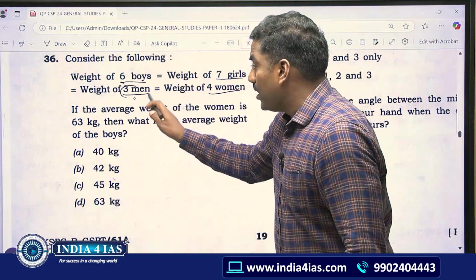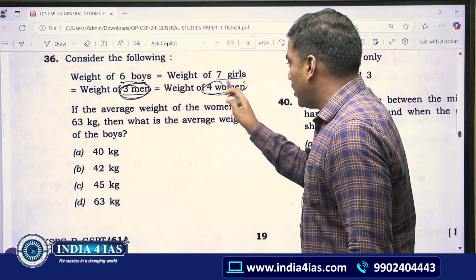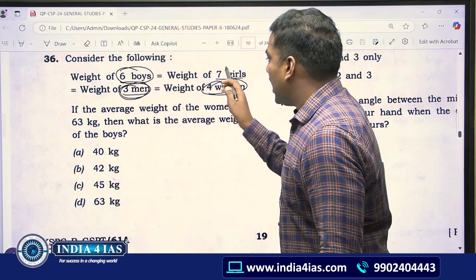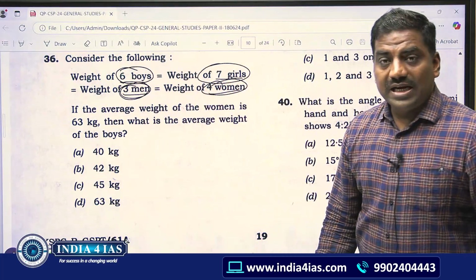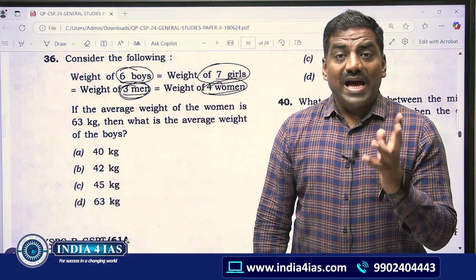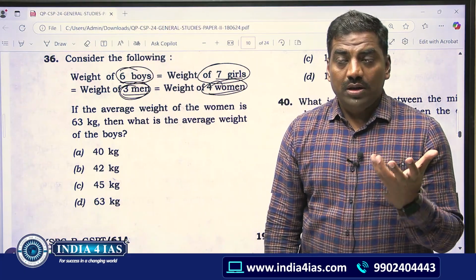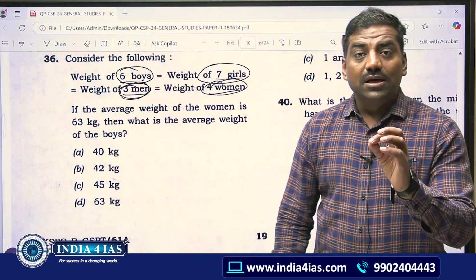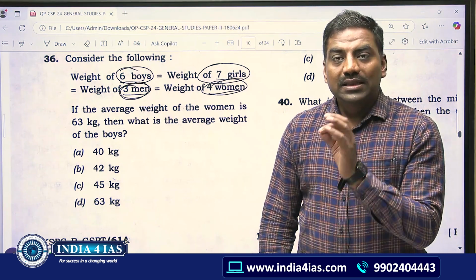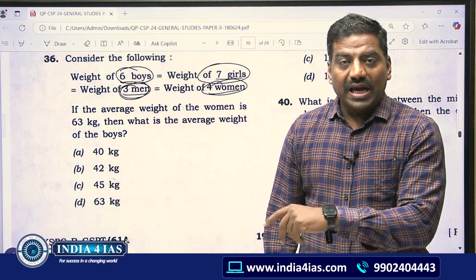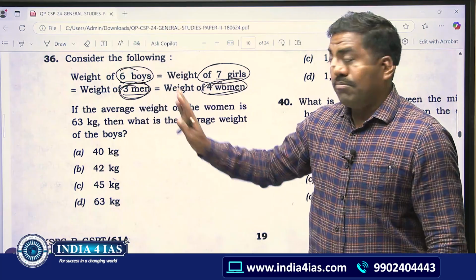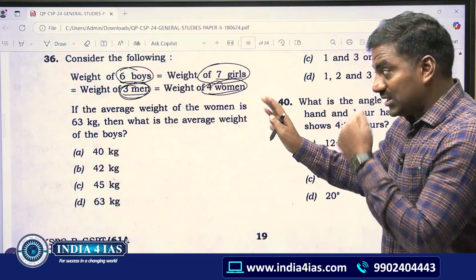Only 3 men are equal to 4 women, 6 boys and 7 girls. That means the weight of each man is more and the weight of each girl is the least. The least weighing person is a girl and the most weighing person is a man.